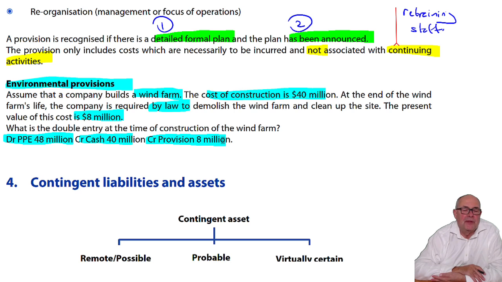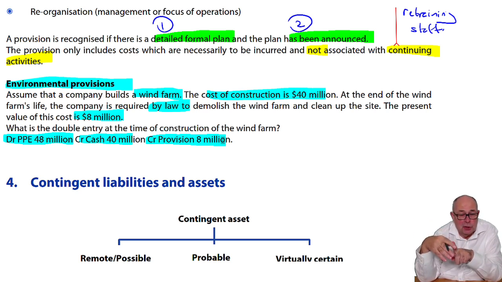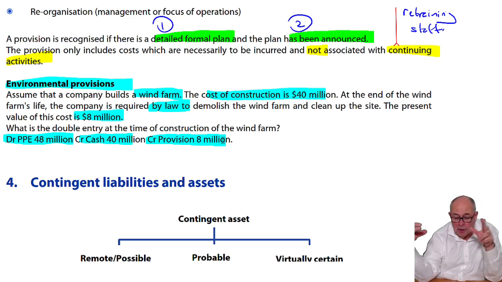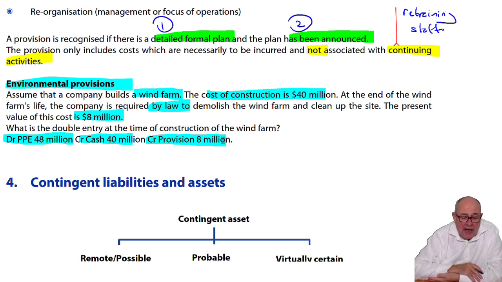So if the PPE has got a life of 10 years, there'll be an expense in the P&L of 4.8 million. What we're doing, isn't it, is making sure that the cost not only of construction, but also of destruction or demolition again, are all expensed in the P&L over the life of the asset.